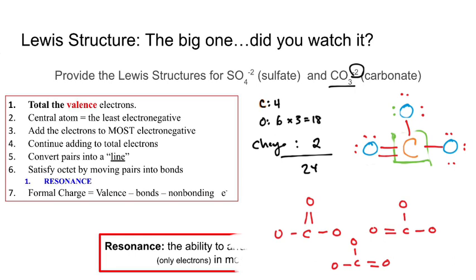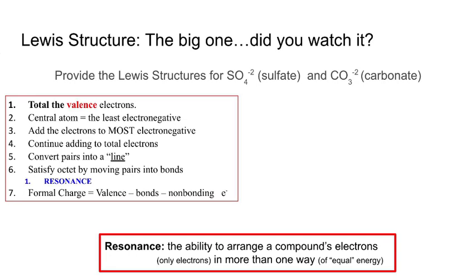No, dang it. Okay. So, resonance is the ability to arrange the compound's electrons. It is only electrons. So if we looked at all of those structures, what happened to that pair of electrons?